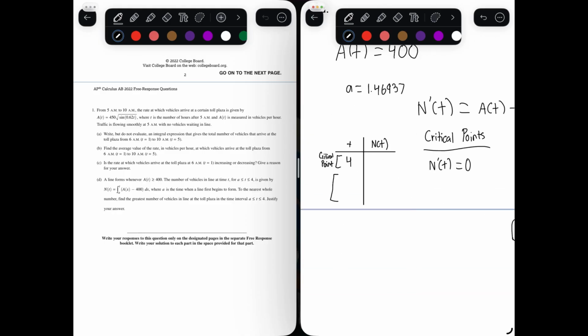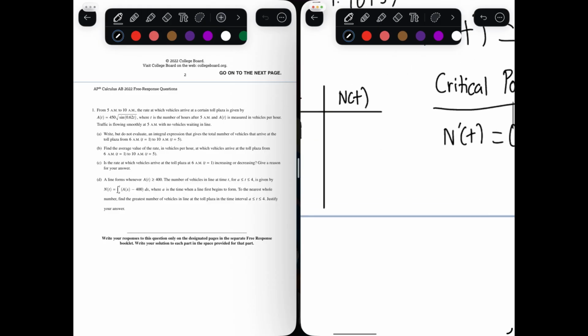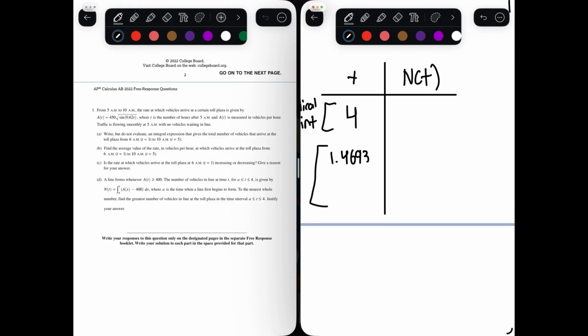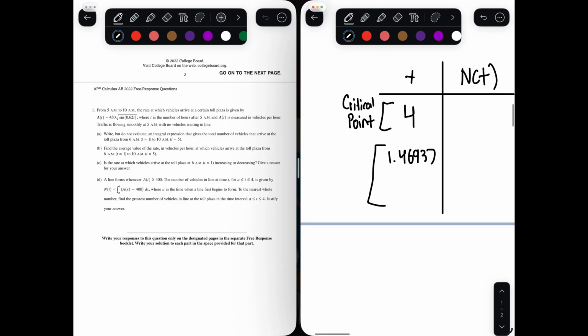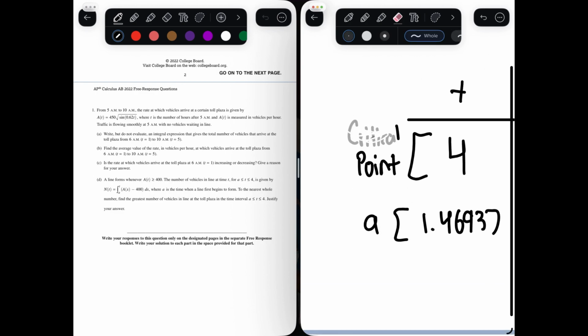And then 1.46937, which is A, right? Oh, sorry. This is an endpoint, not a critical point. Apologies.